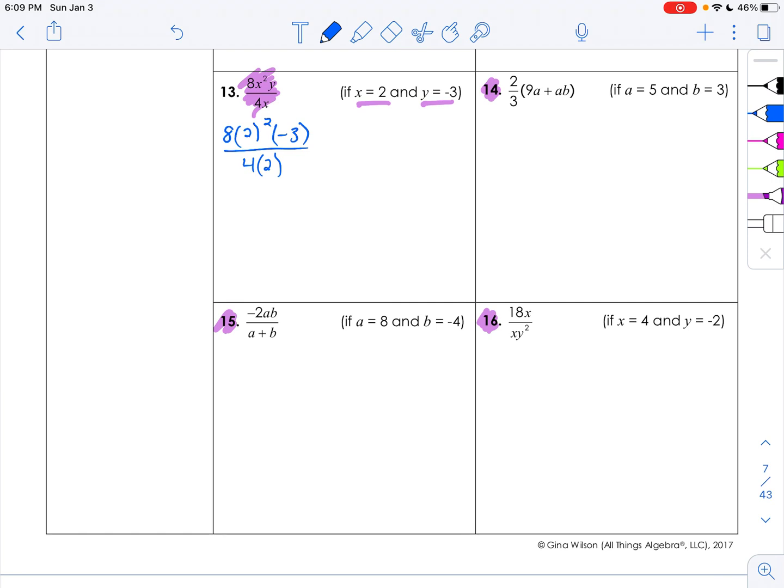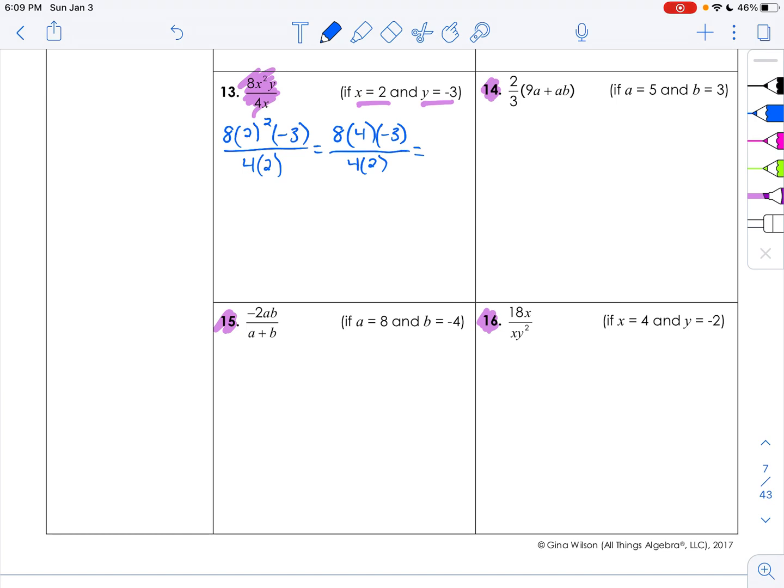So we're going to start by simplifying our numerator. Now in our numerator we have two operations. We have multiplication and we have an exponent. But according to order of operations, we want to do that exponent first. So we have 8 in parentheses 2 squared is 2 times 2, which is 4, and then negative 3. And then we're going to bring over our denominator.